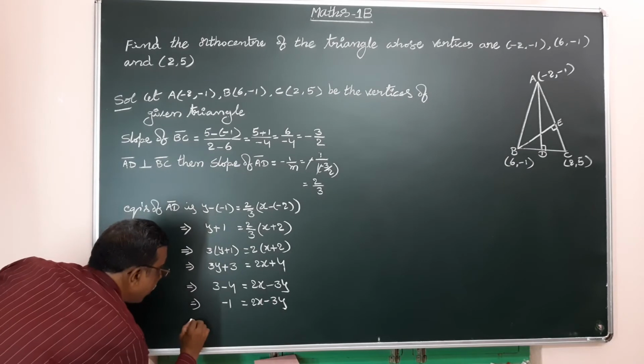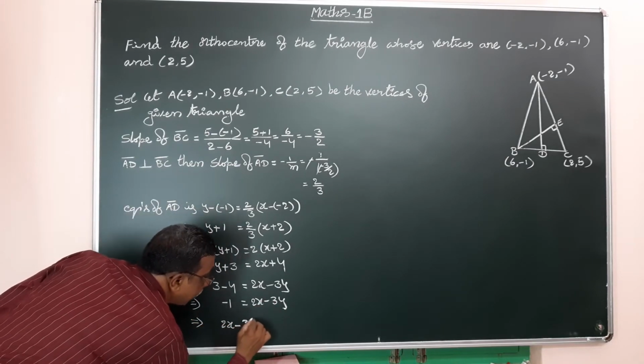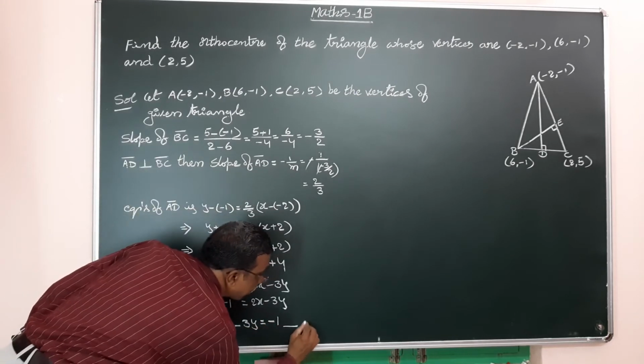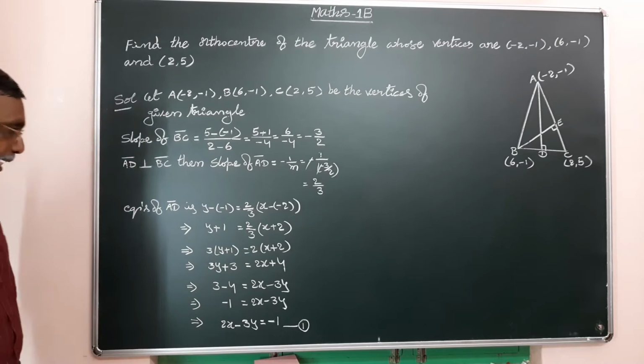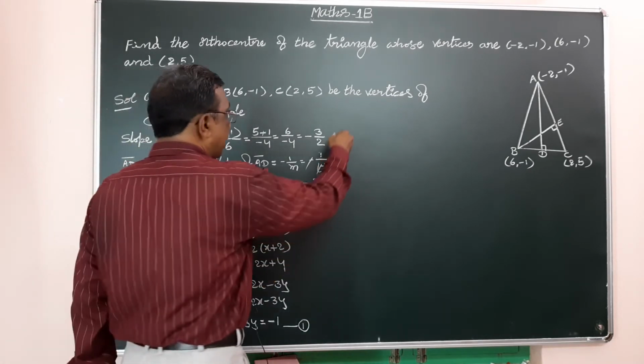Now that implies 2x minus 3y equals minus 1. Equation 1: 2x minus 3y equals minus 1. Next one.